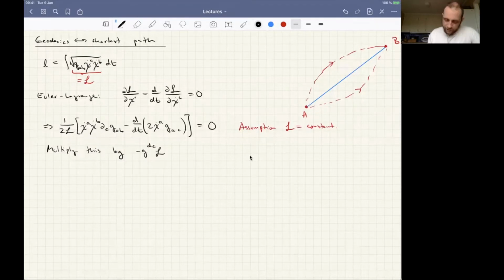What I find is the following. I should say that this G with the indices upstairs is defined as the inverse of the metric. So G dc GCA, for example, is delta dA.